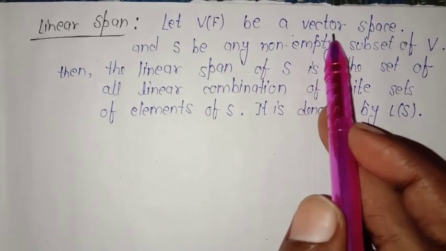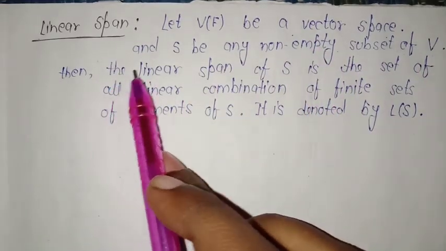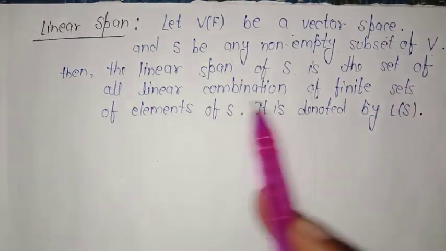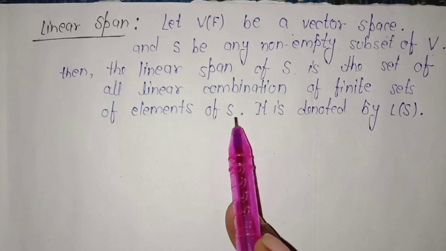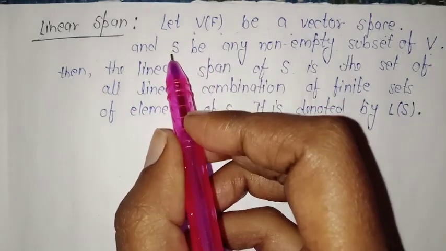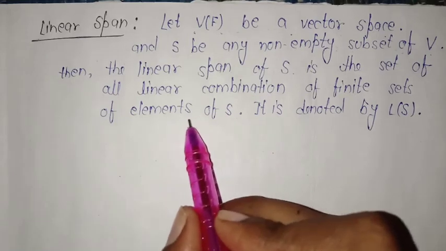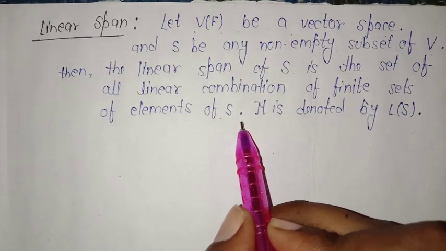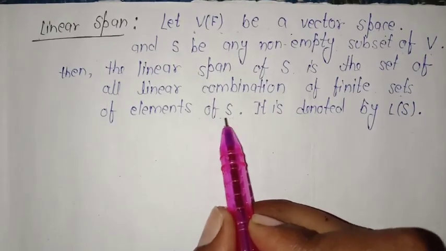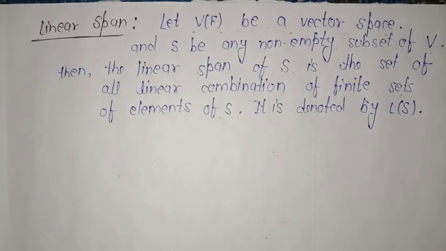Let V(F) be a vector space and S be any non-empty subset of V, then the linear span of S is the set of all linear combinations of finite sets of elements of S. That is, suppose we have a vector space V over F, and we are taking a non-empty subset of V, S. So in S we take all the possible linear combinations of finite elements of S. That is, we choose a finite number of elements of S and make the linear combination of all those elements.